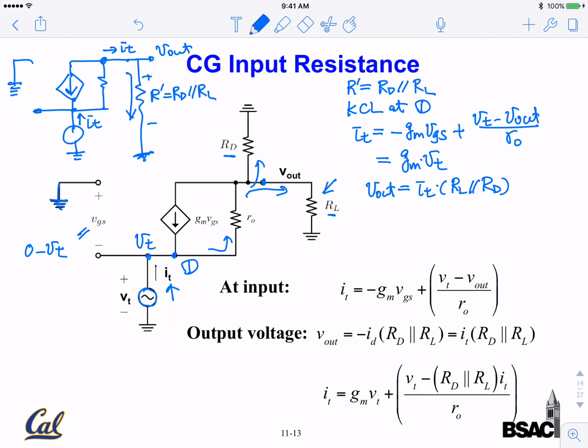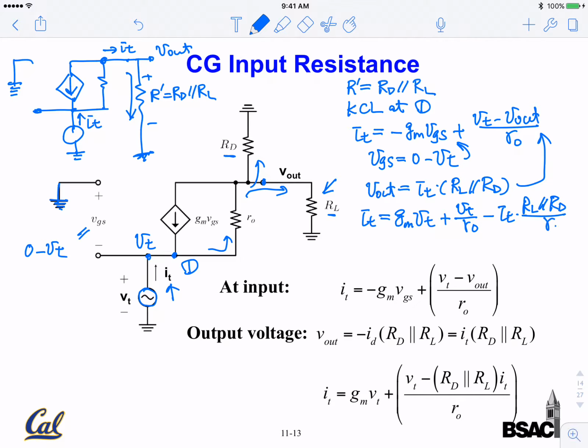I substitute this back here. VGS equals 0 minus VT, and substituting in there, you'll get IT equal to gm VT plus VT divided by R0 minus V out, which is IT times RL parallel RD divided by R0.